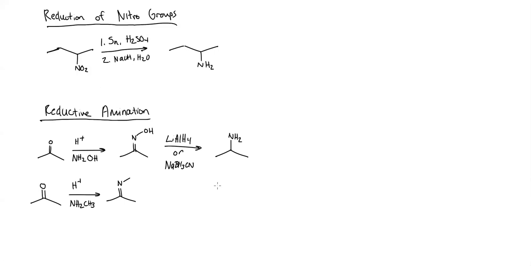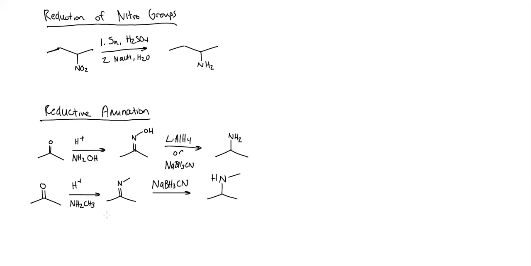So now what I can do is just reduce this, and usually I use the NaBH3CN, and that's just going to reduce this into a secondary amine. Okay, so I've made a primary amine, a secondary amine.